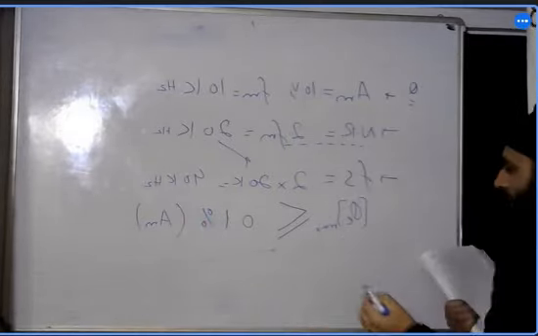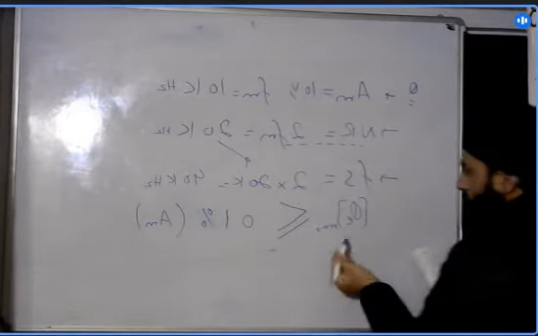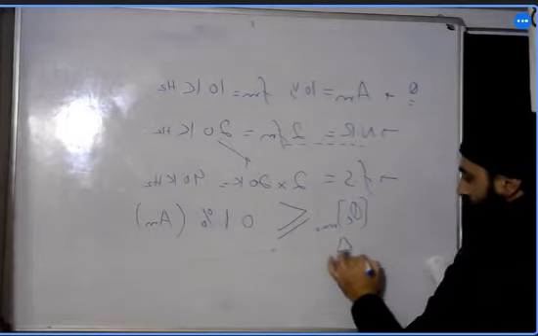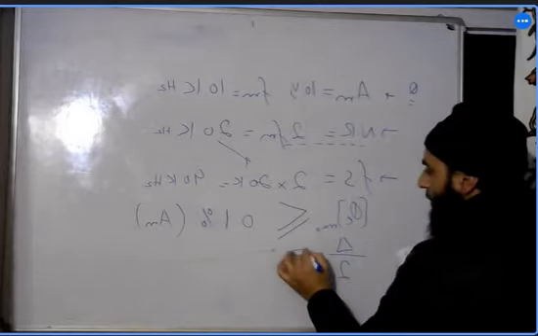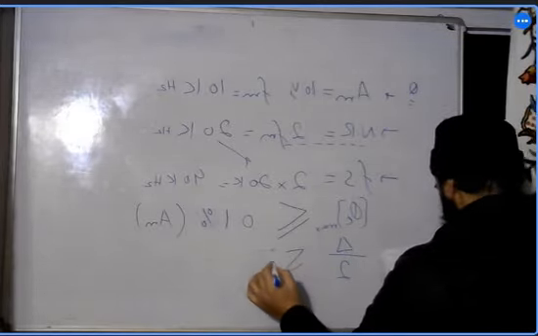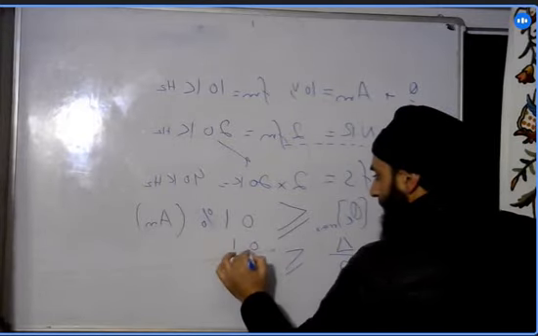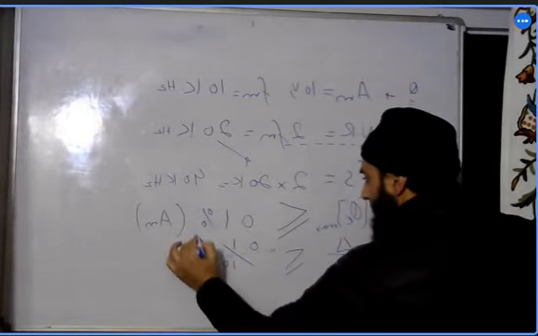Is that okay? So now QE max I know is equal to delta by 2, which should be less than or equal to 0.1 divided by 100. Exactly correct.